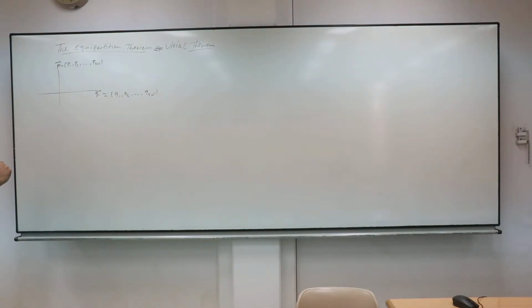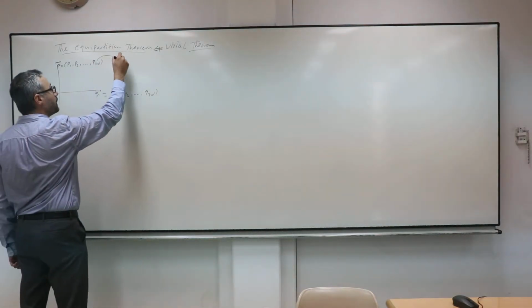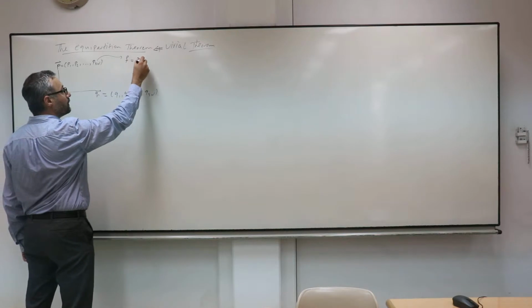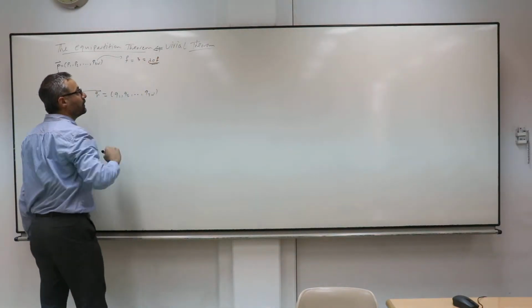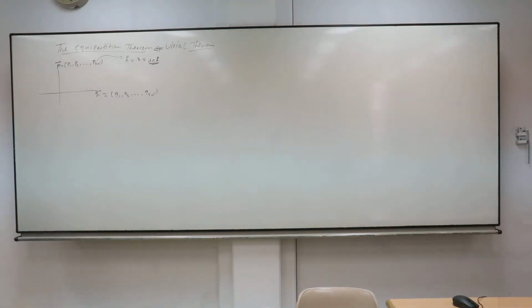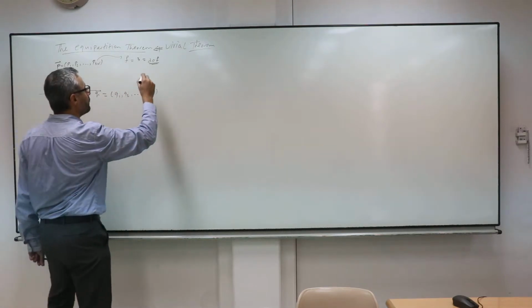This three, as I explained before, is called the degrees of freedom. So the total degree of freedom is 3, and we call it F. F is the degree of freedom.